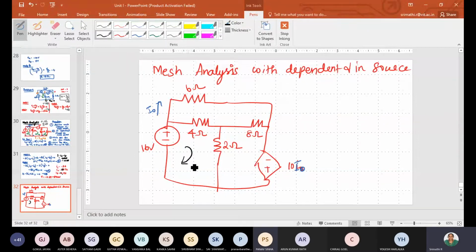So this is number 1, I1. This is I3. I am assuming all the mesh currents in the same direction. Keep in mind, whenever we are considering a mesh, that mesh current will be dominant over the other mesh currents while we are writing KVL equations. Is it okay?